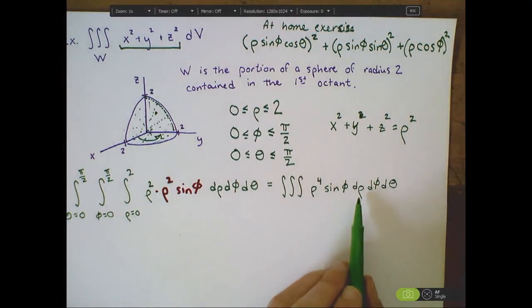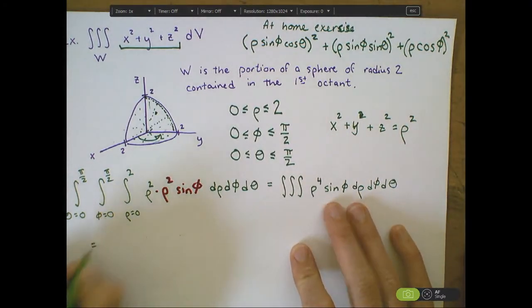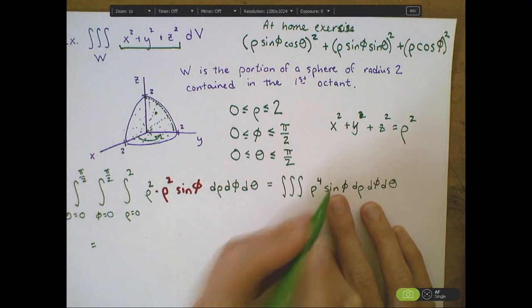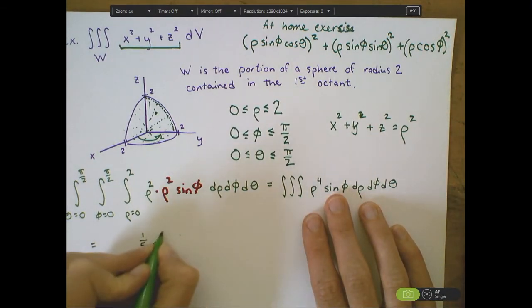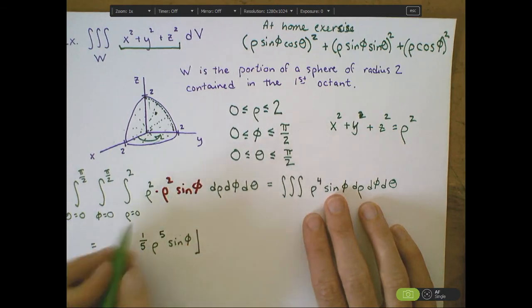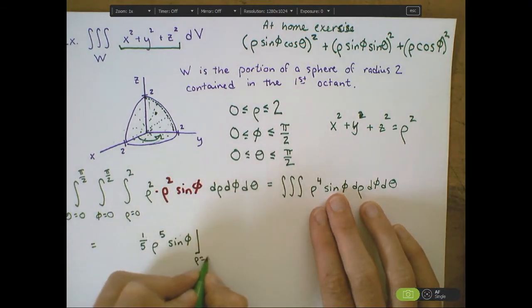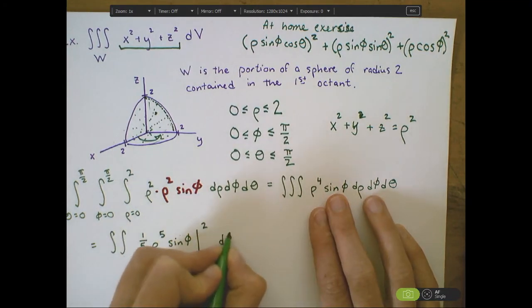So my first step, I'm going to integrate with respect to rho, treating the sine of phi as a constant. That leaves me with 1/5 rho to the 5th times the sine of phi. I'm evaluating my rho values as rho goes from 0 to 2. Don't forget that I have my two outer integrals still.